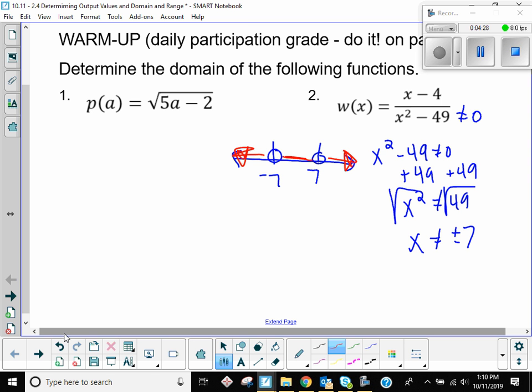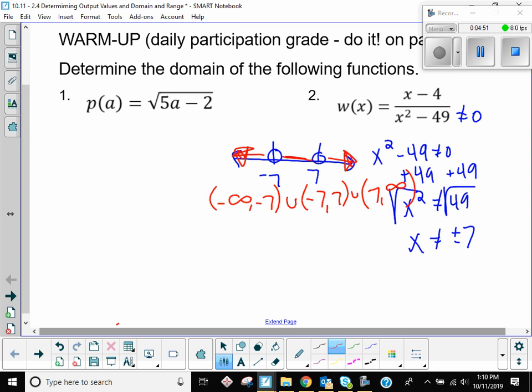That's the domain that will work for my equation. And there's 3 different pieces, and we just write our interval under there. So we just kind of model it. For this first interval, it's -infinity to -7, union, -7 to 7, union, 7 to infinity.